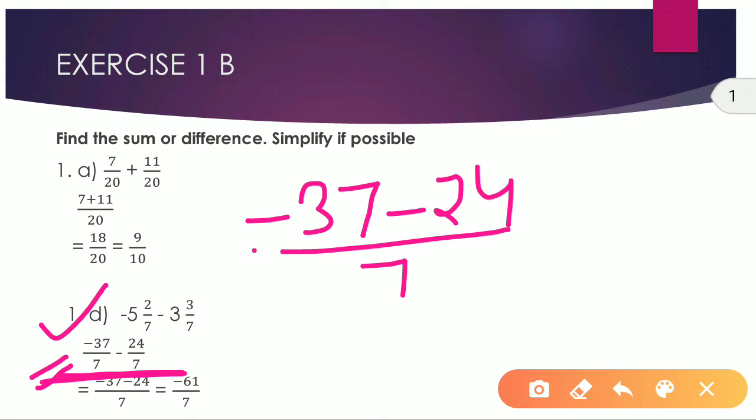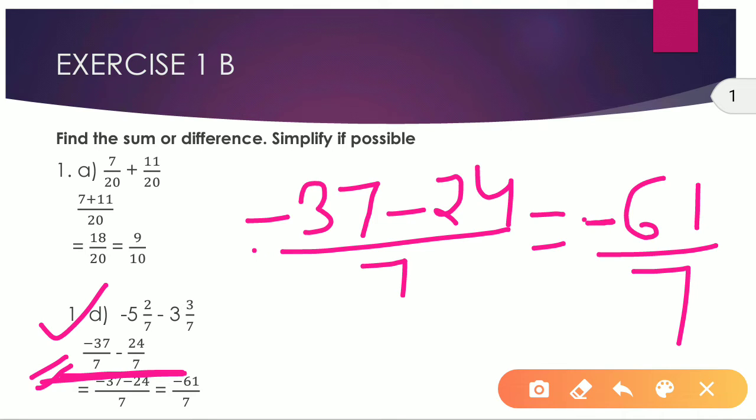In your earlier classes, you have learned that minus minus will always become plus, and the sign will always be a minus. So, minus minus will become plus, which gives you 61 upon 7, and the minus sign will remain same. Minus 61 by 7, which is your answer.